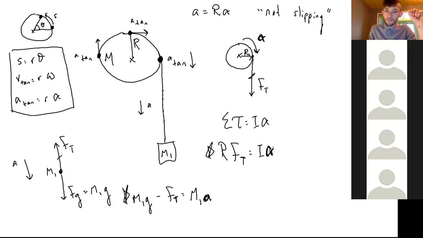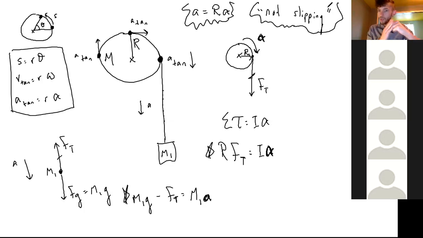And so if I write this Newton's second law equation for rotation and get an alpha, I can rearrange it using this, which is always true as long as the two things are not slipping past each other, as long as the rope is not slipping or skidding on the pulley.